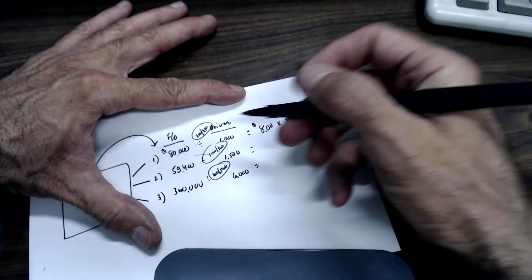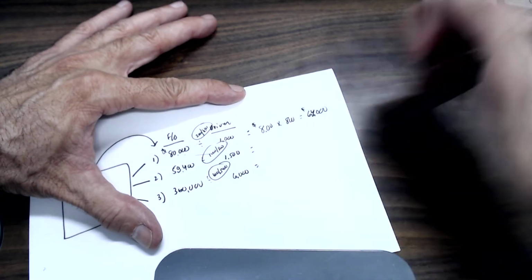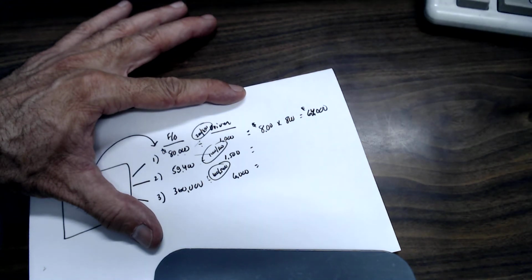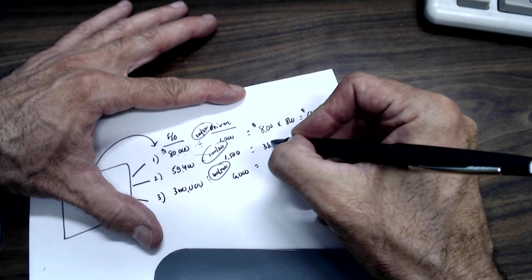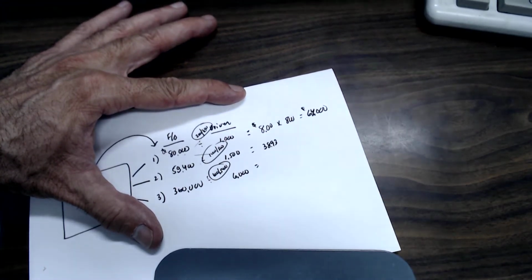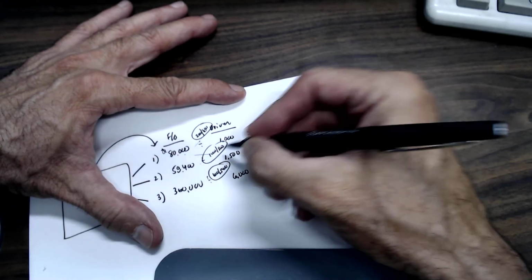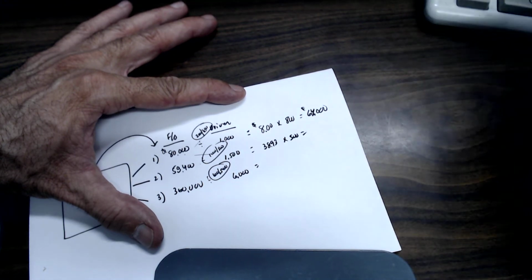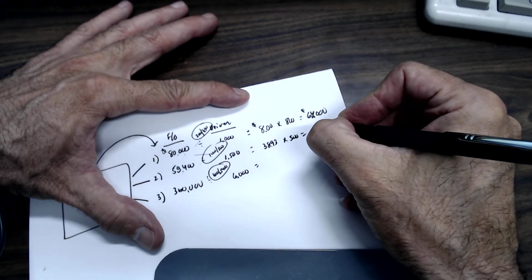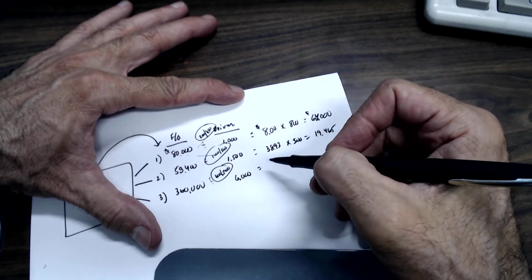How about the second activity, 58,400 divided by 1,500 is 38.93 per whatever that is, however they're measuring it, times the 500 B is going to be using, 19,465.